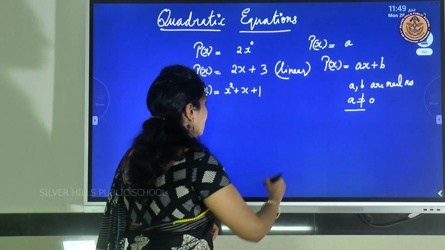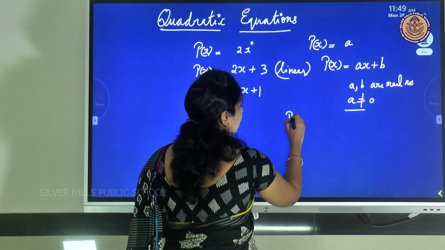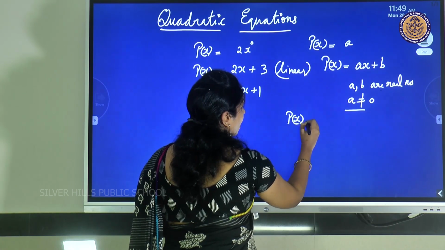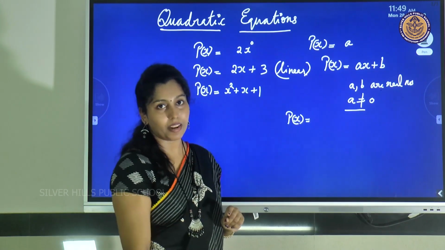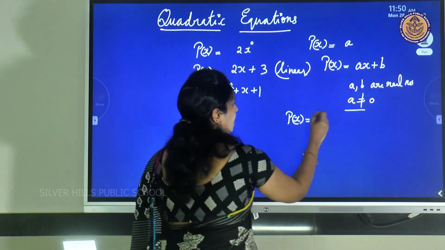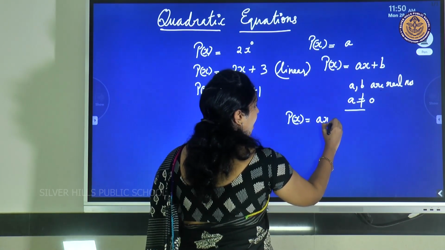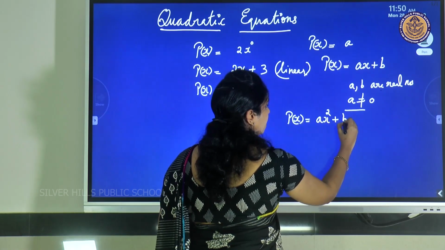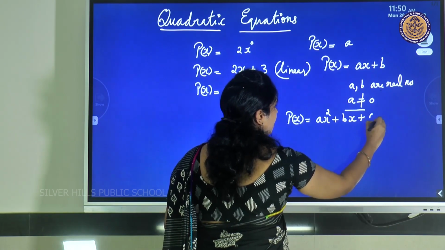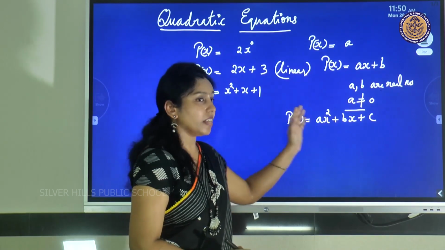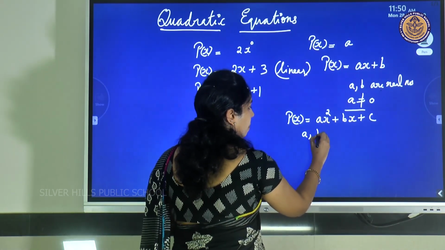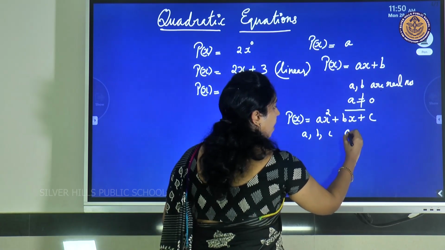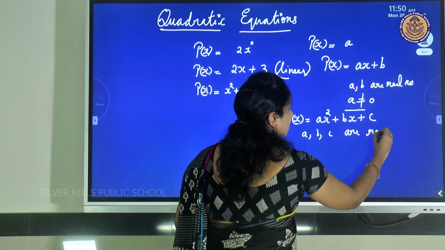So, let us write the standard form of a quadratic polynomial. I can write the standard form of a quadratic polynomial as p of x is equal to ax square plus bx plus c. What are these a, b and c? They are constants where a, b, c are real numbers.